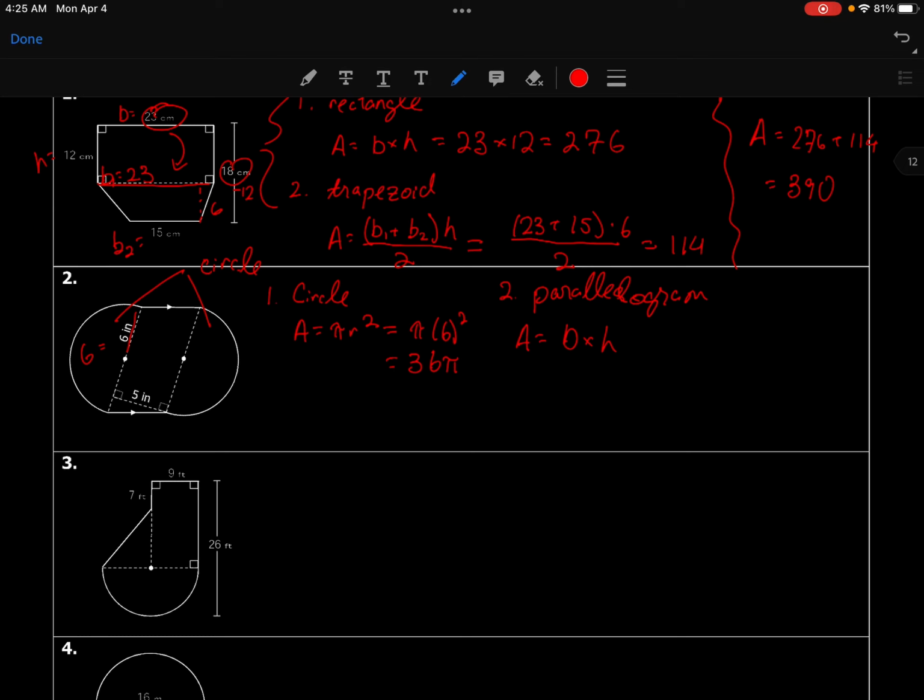In this case, base is equal to 6 times 2, because we have 6 here and another 6 here, so that will give us 12. And the height is 5. So it will be 12 times 5, which will give you 60. Now you add those together, and that is the answer. So the area will be equal to 36 pi plus 60. And we're done. We'll put that in the calculator.